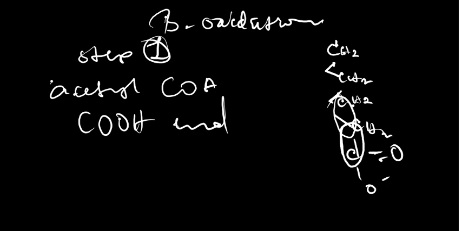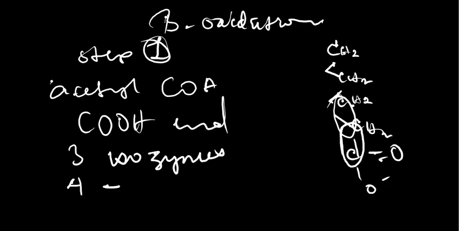So the first enzyme has three isoenzymes. The first enzyme that's used to remove has what we call three isozymes that act on 4 to 8 carbons. So you know that this is a long chain of carbon.